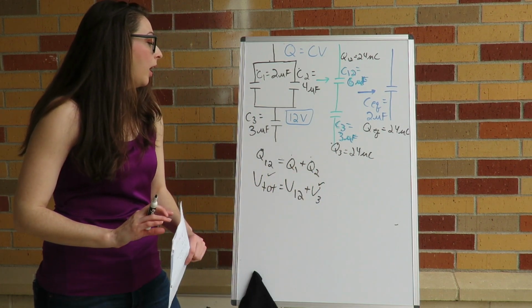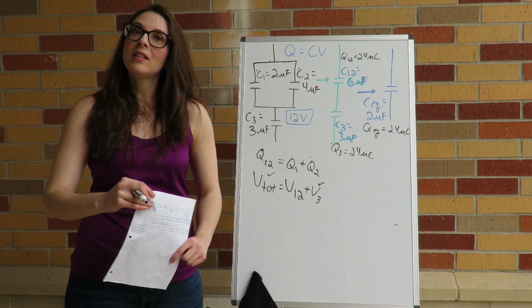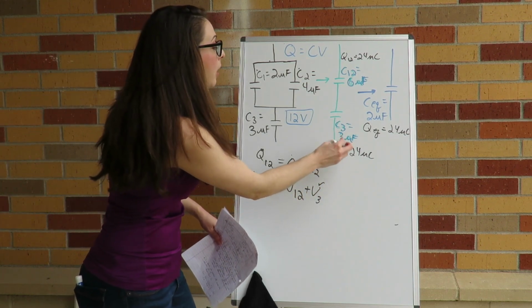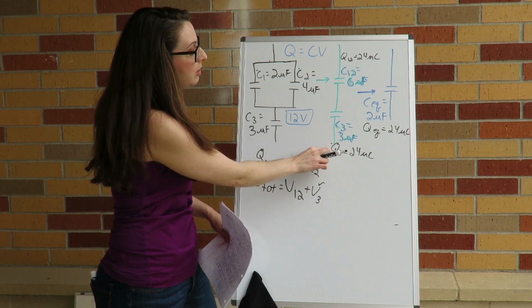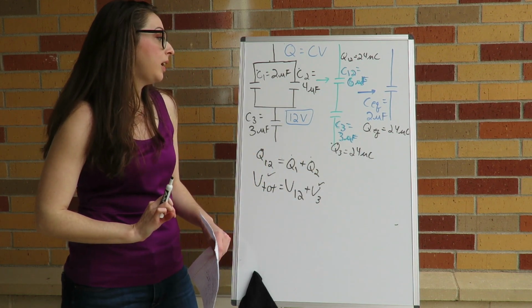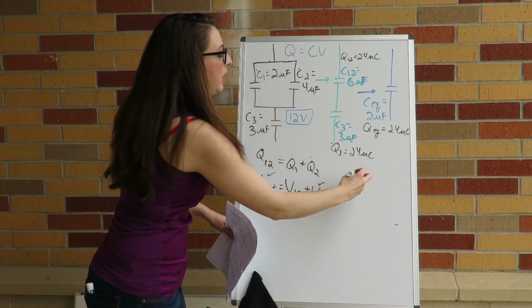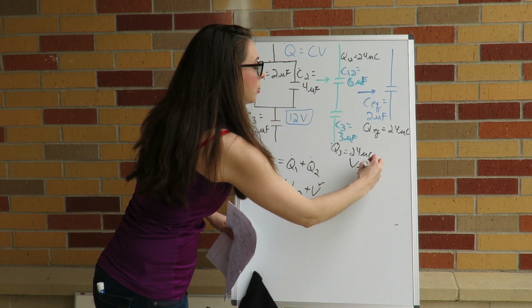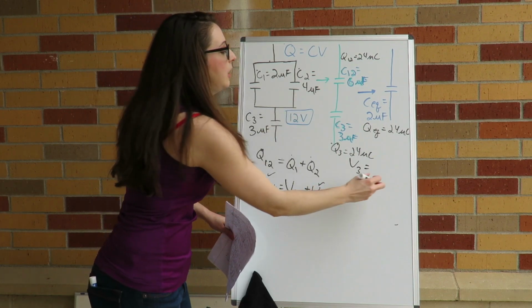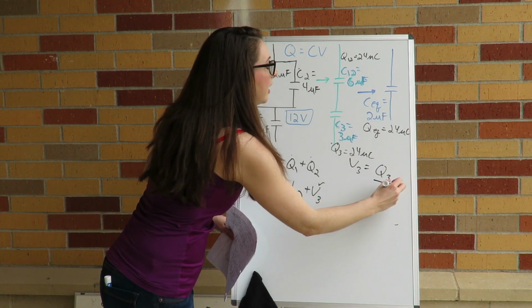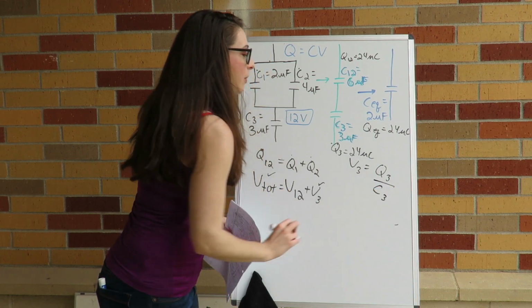V3, well, we can go ahead and calculate that because we already know the capacitance of C3 and we know the charge on C3. And so then, using this equation right here, we know that the voltage across V3 has to equal the charge across that capacitor divided by its capacitance.